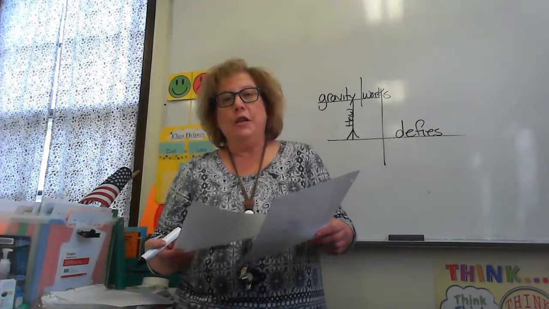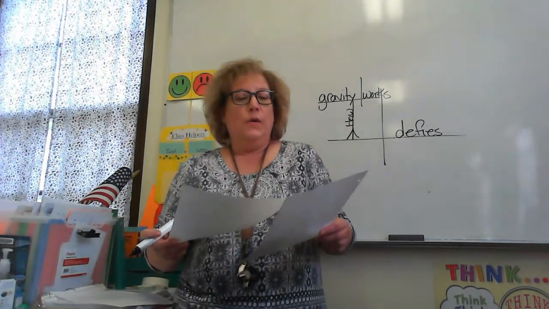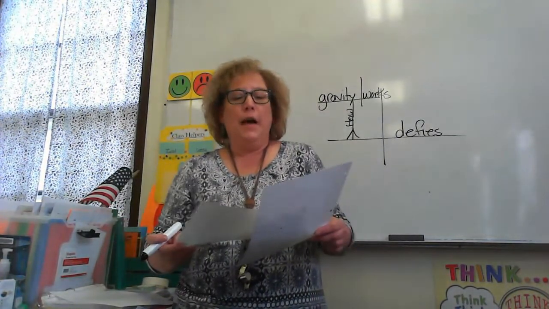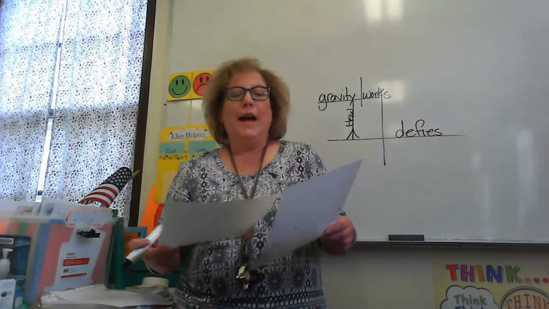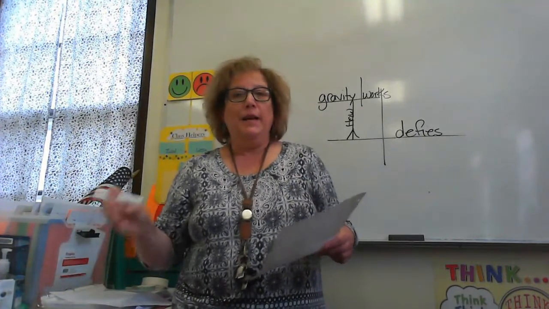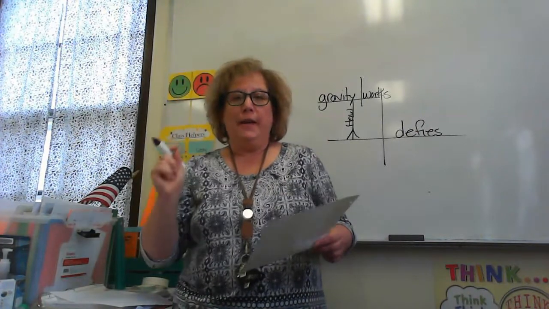Then it's going to go all the way to the end, I expected. Now what I'm looking for is a subject and verb in that little group of words, and I expected is the subject and verb. So what I expected is what you underline, and that's going to be a direct object. So you would write direct object above it.